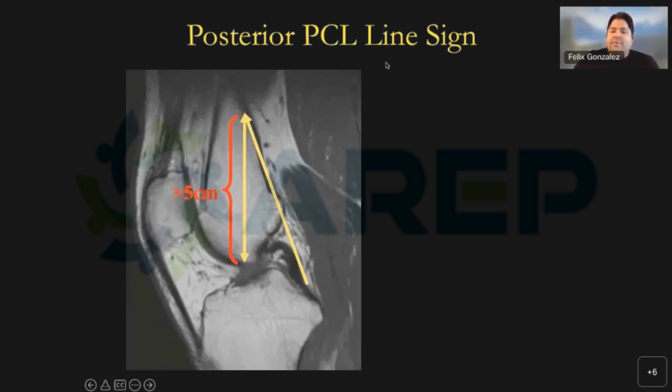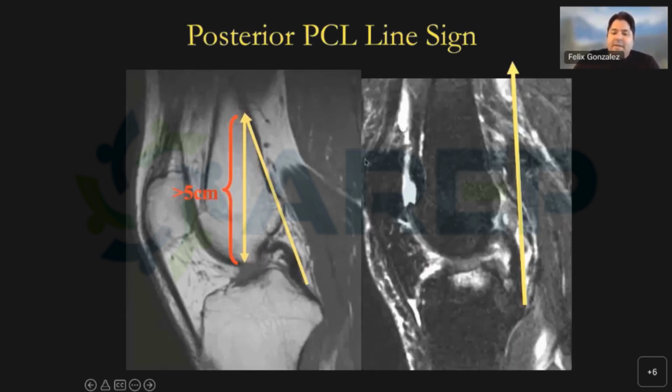There's something called the posterior PCL line. You trace a line tangential to the posterior margin of the PCL, and then you trace another line. Basically, this line should be located no more than 5 centimeters from the joint line here.